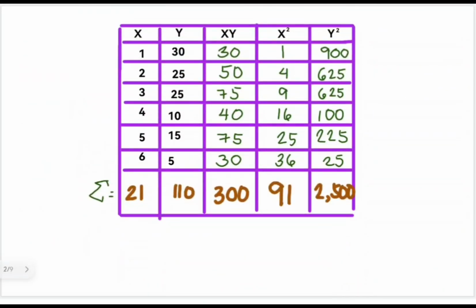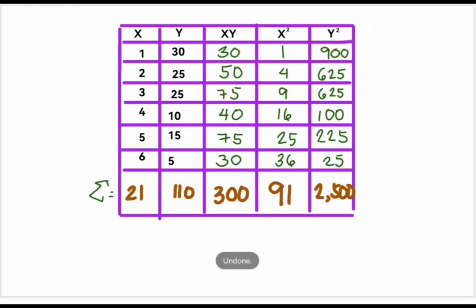Now, let's say that we already have the values for X and the values for Y. These values will be taken from the survey. Always remember that you should not forget these labels, so that you can answer your formula.